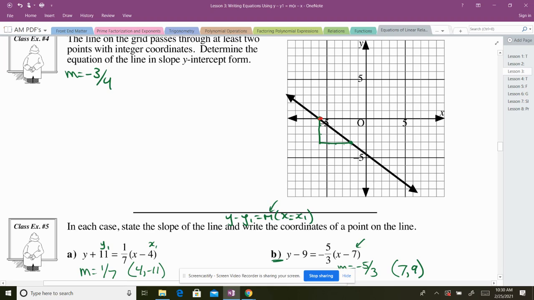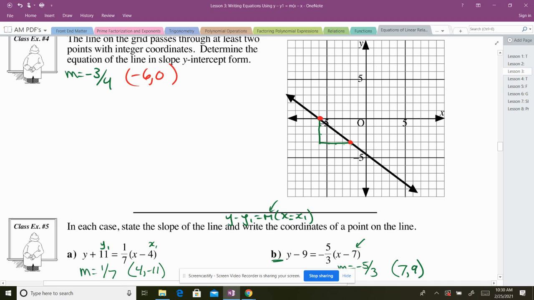You can use either one of these points, actually. So pick the one that has a 0 in it because it makes your life easier. Now, it's not always going to work out that you have one with a 0 in it, but if you do, pick that one because zeros make things disappear, right? They make your life easier. So I'm going to use this point right here, which is -6 and 0.